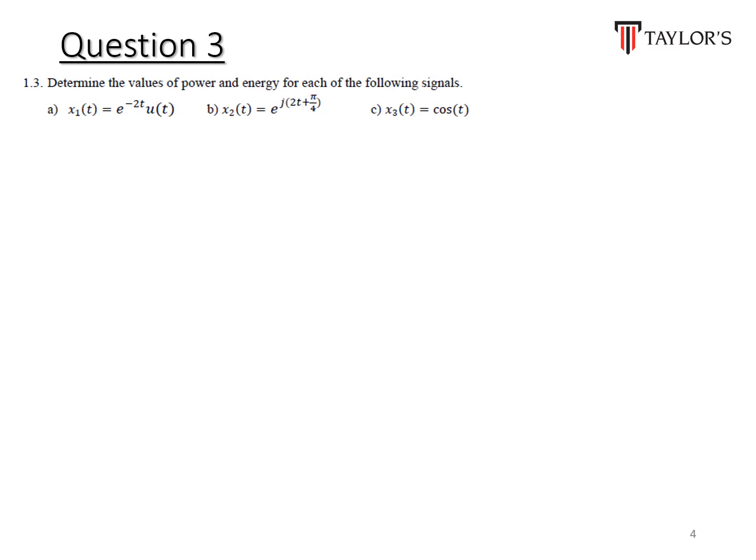For question 3, we are required to determine the value of powers and energy of the following signals. Let us try with A, and then you can try B and C by yourself. Remember, a signal cannot be both power and energy at the same time. One very easy way to determine if a signal is power or energy signal is this.